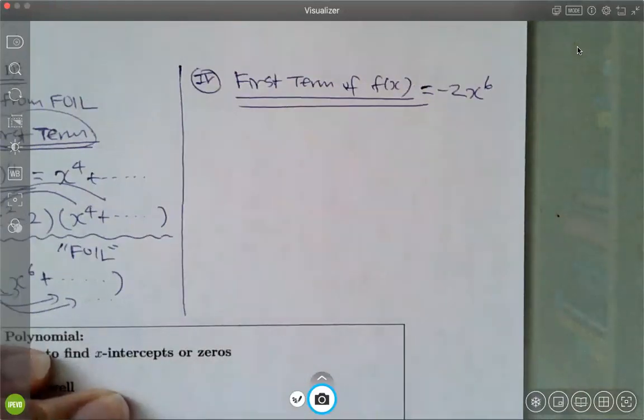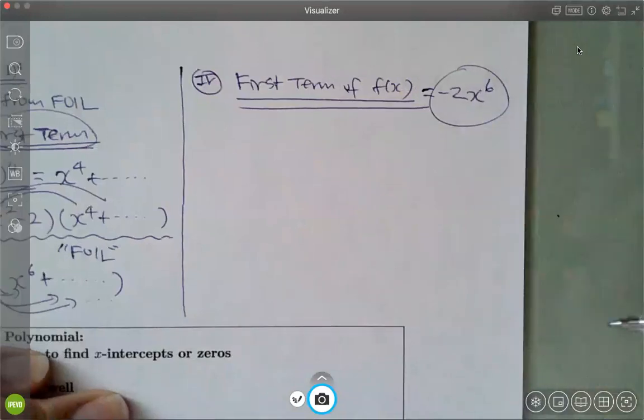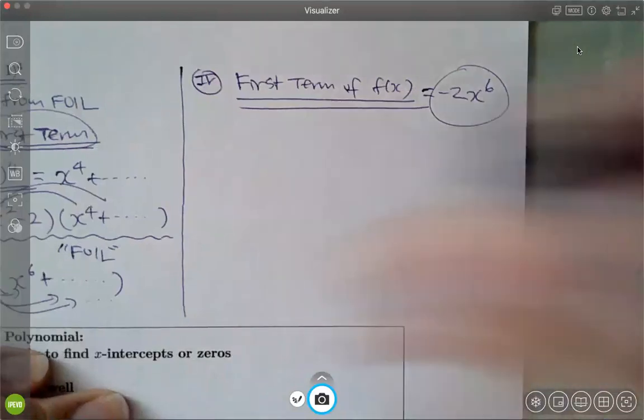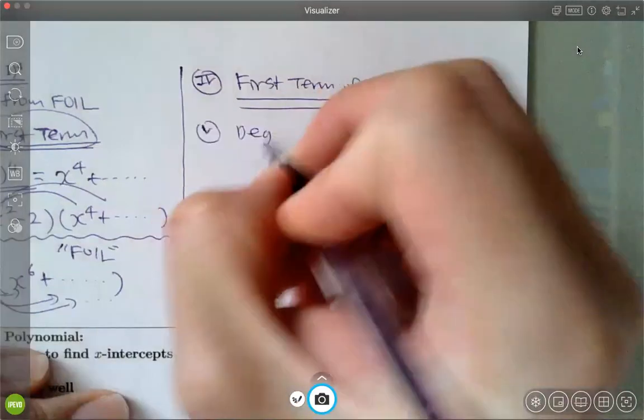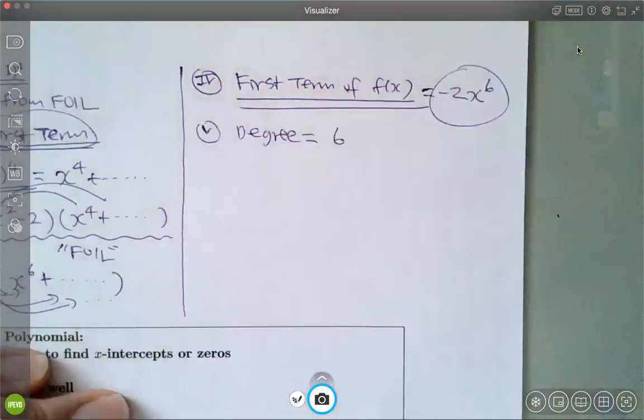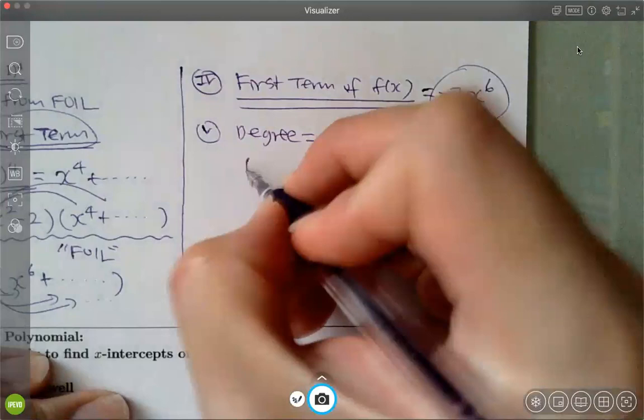So that is the first term, and this first term contains all the ingredients that we need. Why? Because what is the degree of this function? 6, and every other exponent will be smaller. And what is the leading coefficient? -2.